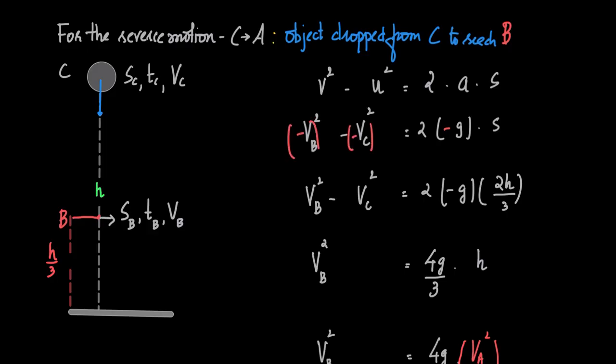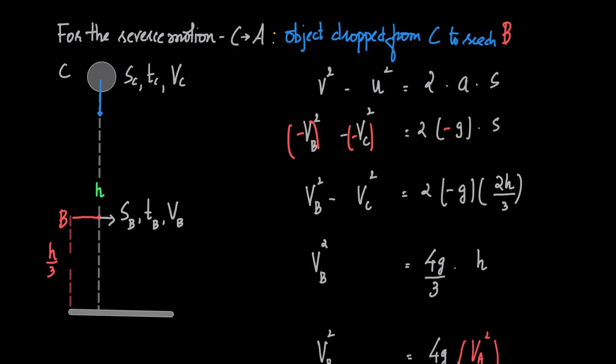It is minus VC the whole square, right? Which is VB square minus VC square. So VB square minus VC square is equal to 2 into minus G into S, is h by 3. Oh, I'm sorry. It should be h by 3, right? Is it? No, guys, no. It is 2h by 3.